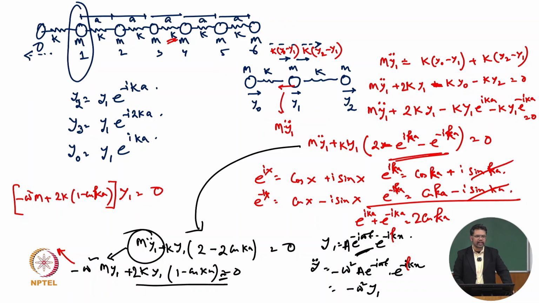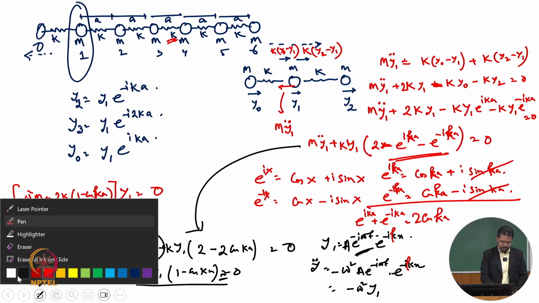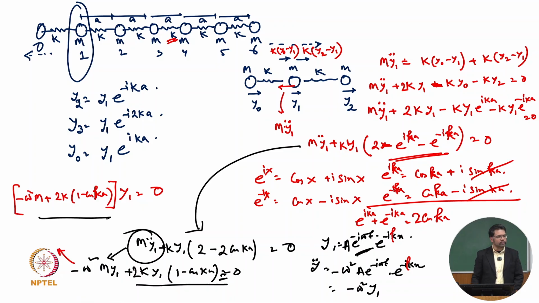So what can be 0? y1 or this term? Which one is 0? Obviously this term is equal to 0, because if y1 becomes 0, it is a trivial solution.